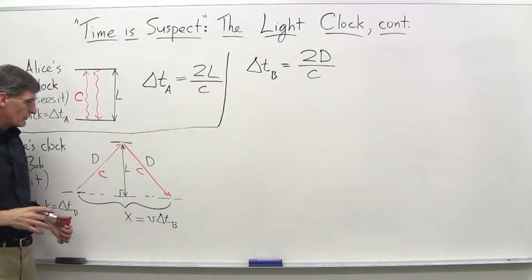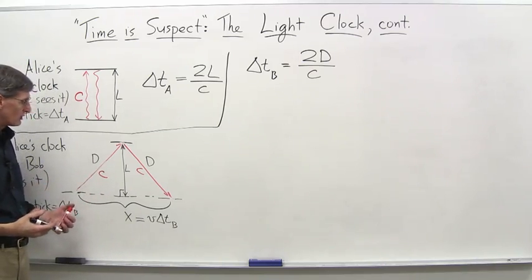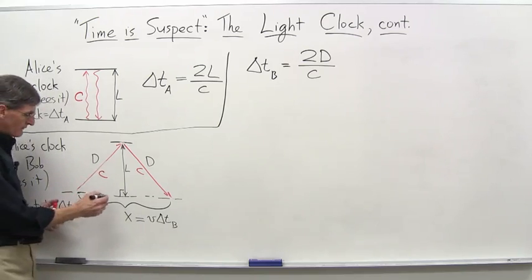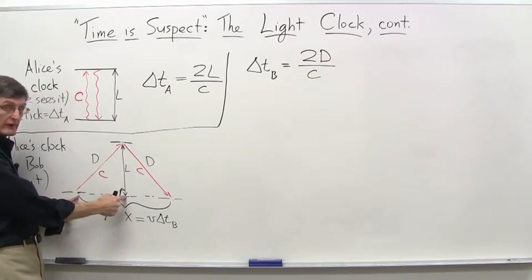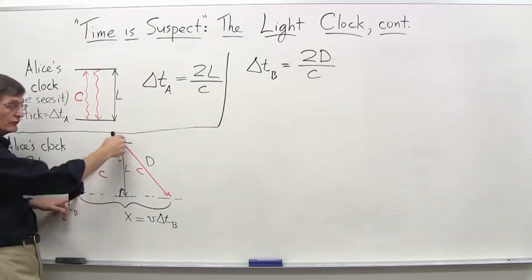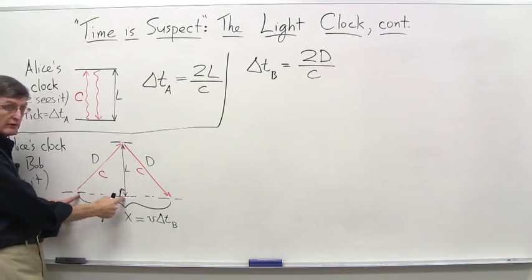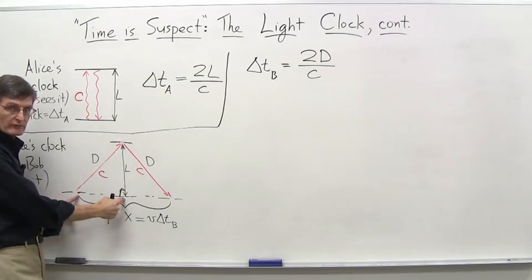Well, if you remember your early algebra, the Pythagorean theorem, right triangles. And what we have here is a right triangle. We have L as one side, we have this distance here as the other side, and d is the hypotenuse. So if we knew what this side was, we'd have d squared equals L squared plus this side squared.